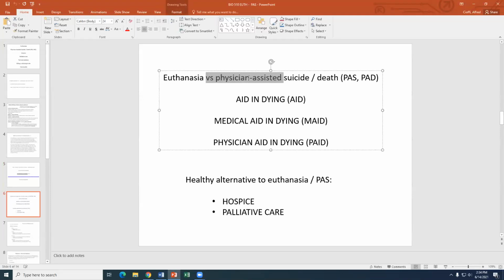Whereas physician-assisted suicide is legal in an increasing number of states, not the whole US, but in an increasing number of states. You'll see more than 20% of the states in the US have already legalized some sort of physician-assisted suicide. So what's the difference?